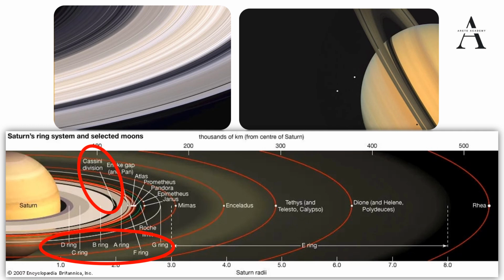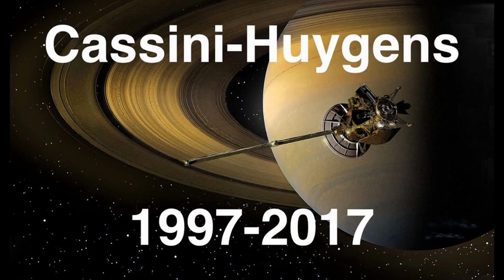Okay. Now, in order to understand Saturn, we had this mission called Cassini-Huygens. Cassini-Huygens was launched in 1997 and the project ended in 2017. Sometimes this question is important: this particular space mission is related to which planet?